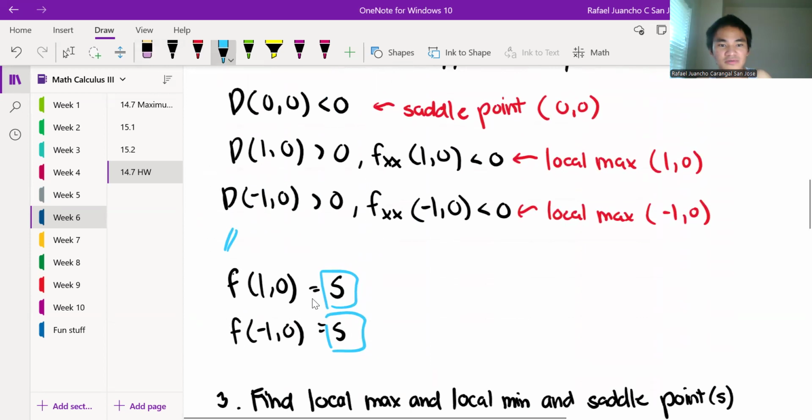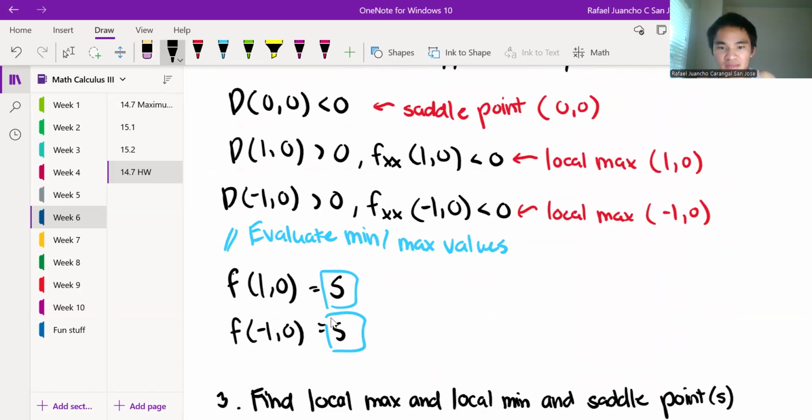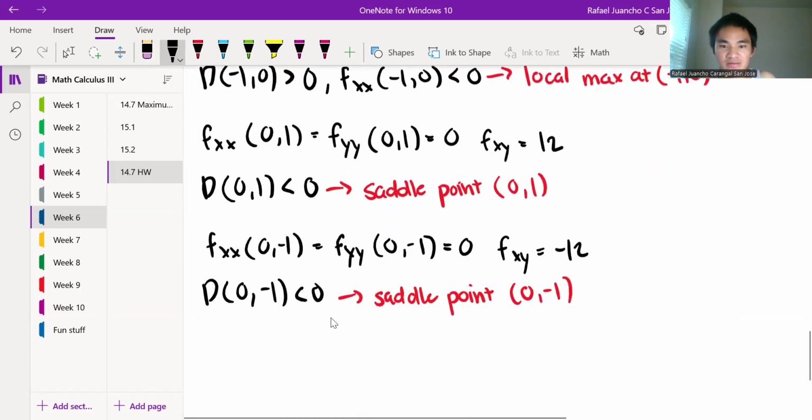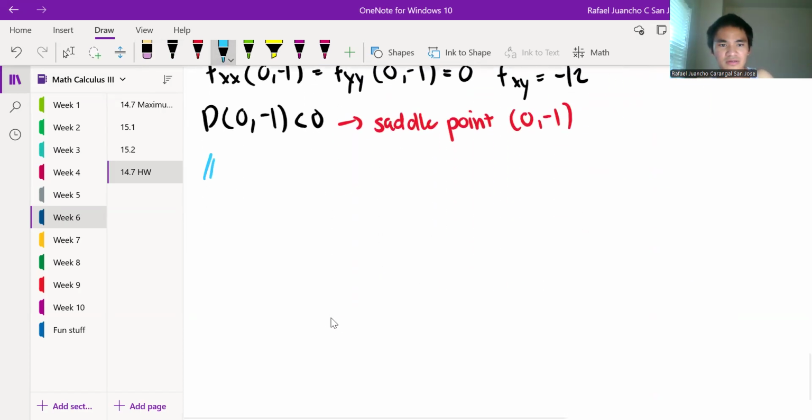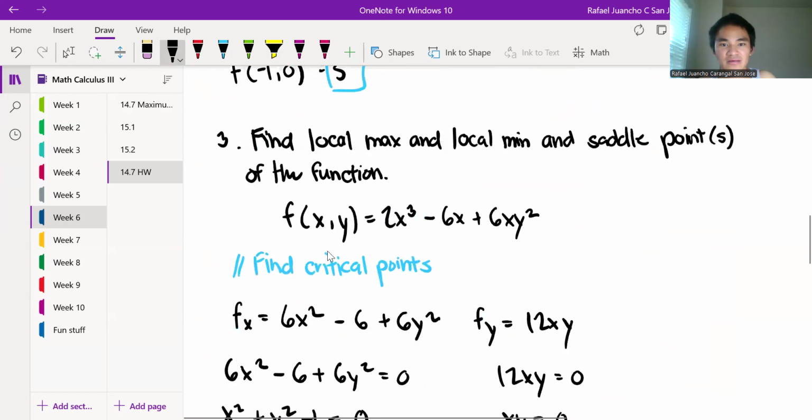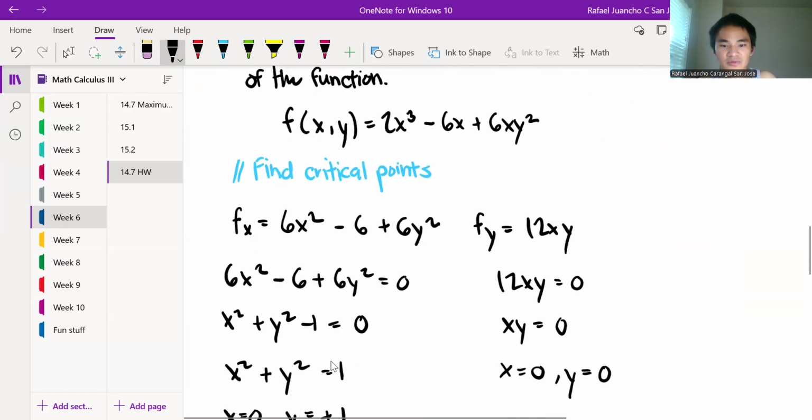So let me make it more general. Evaluate min/max values. So let me just quickly do that. Here again, I evaluate min/max values.